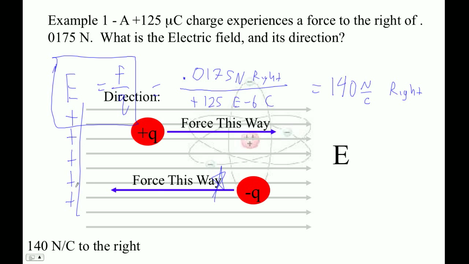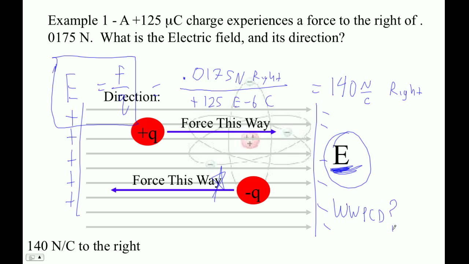Negative charge would be attracted to that, and positive charge would be repelled by it, right? Or we could have negative charge here, or we could have both. We get a positive there and negative there, and positive charge would go this way. This is the direction of the electric field. So when we talk about the electric field, it's what would positive charge do. And then negative charge, of course, does the opposite of that.